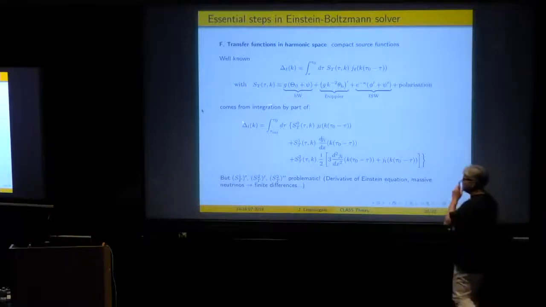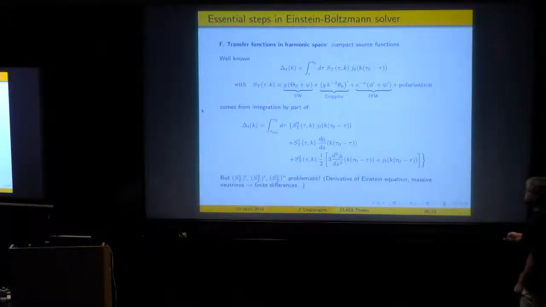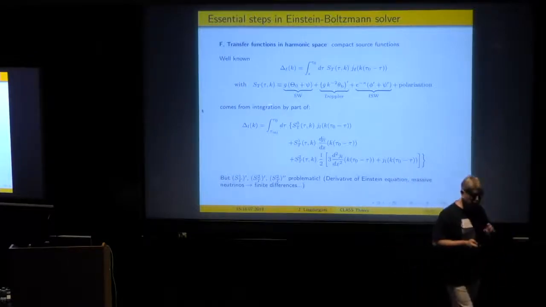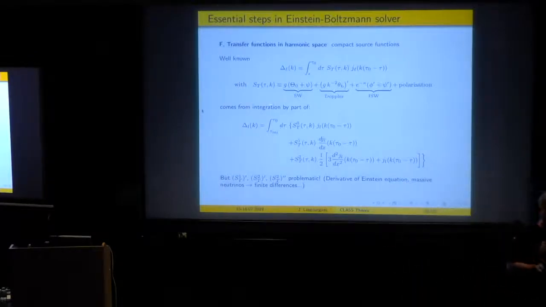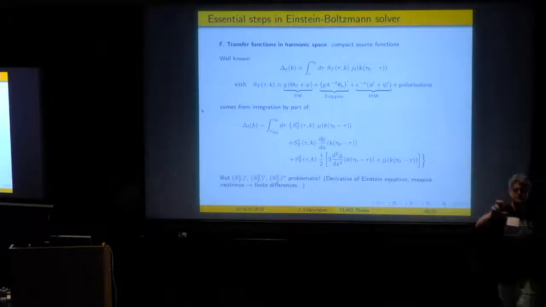At a numerical level, this is problematic because you need to evaluate S1 prime, S2 prime, S2 prime prime. It's not so easy. S1 and S2 are combinations of photon perturbations, baryon perturbations, and thermodynamics functions. When you compute these derivatives, you could think that when you have theta_b, for instance, the velocity of the baryons, you get a theta_b prime.